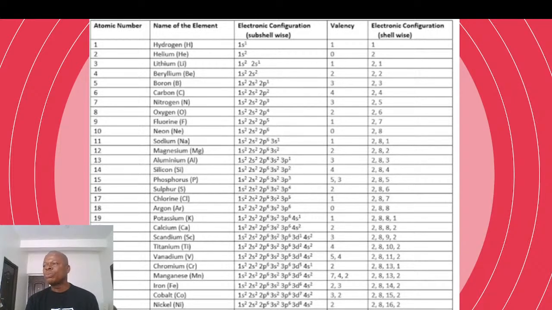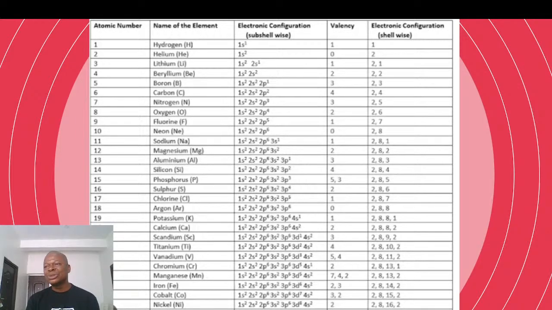That is 2 plus 2 plus 6, that is 10. Then, if you put neon in shells, what you're going to get there is 2 and 8. If they write the 8 there, it simply means that nothing is remaining there. It doesn't give out any electron. That's why the valency is 0. It is a noble gas. It is an inert gas that is relaxed.